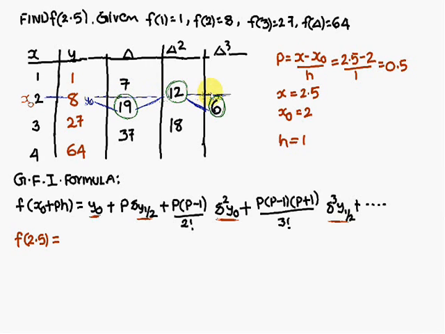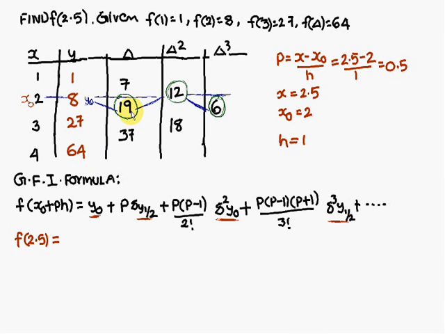Next, you have to construct a lower triangle for this, from 12 to 6. These are the values that we have to substitute in the Gauss forward interpolation formula. Y naught is 8.